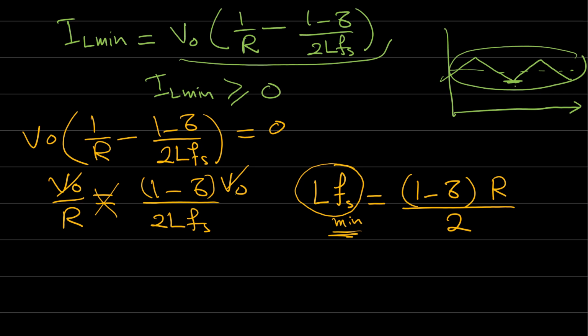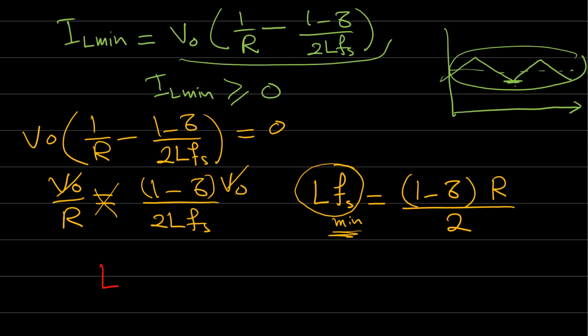So here you can find that when we increase the switching frequency, we have some room to decrease the inductor value, because the operation will be faster. When we decrease the switching frequency, the inductor must be larger in order to keep the operation in the continuous conduction mode.